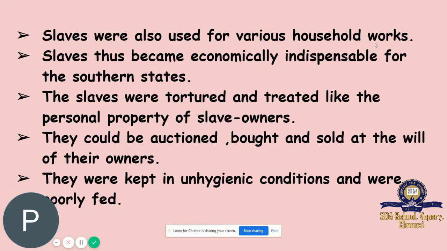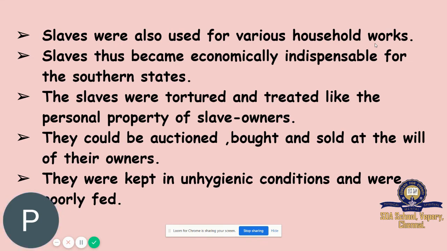So, slaves were not used only in industries and factories, but also for household work. Slaves thus became economically indispensable for the southern states.